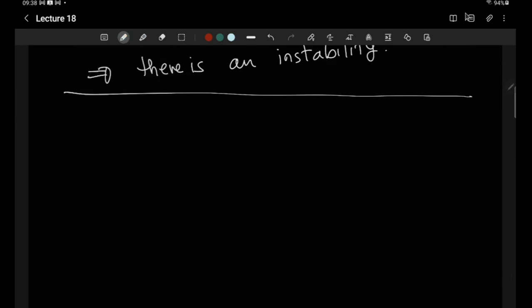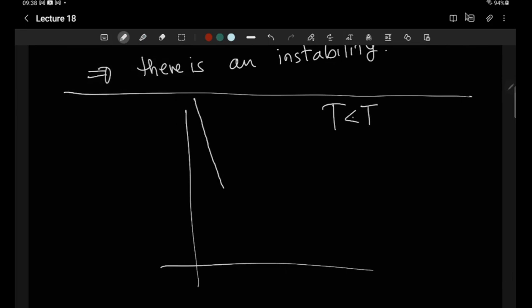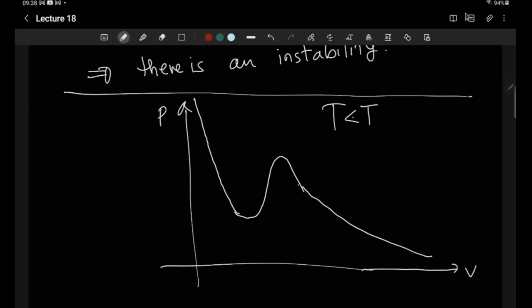Okay, so let's do the plot now for T less than Tc. It will look something like this. This is V and this is P. So now let's look at the region.